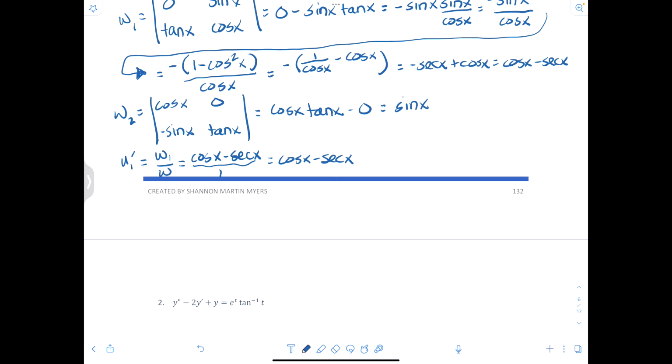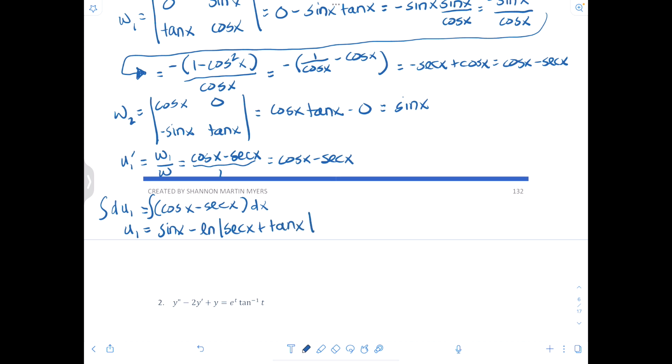So if I rewrite this, I'll have du1 is equal to cosine x minus secant x dx. And then integrating both sides, I'll get u1 is equal to sine x minus natural log absolute secant x plus tangent x. And I found u1.